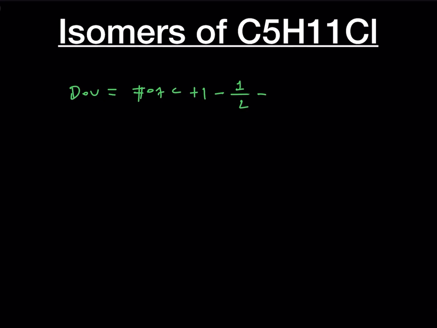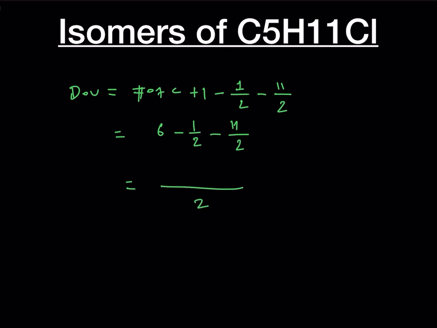So, we have 11 hydrogen atoms and we have 5 carbon atoms. So, 5 plus 1 is 6, 6 minus 1 by 2 minus 11 by 2. Let us take 2 as common factor.